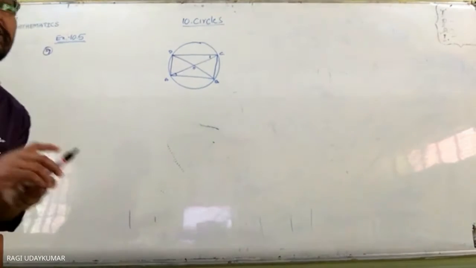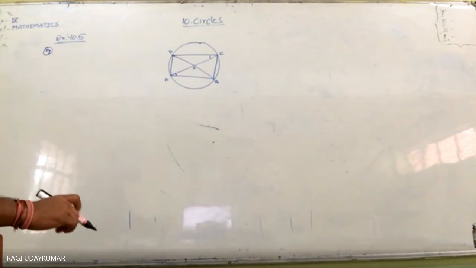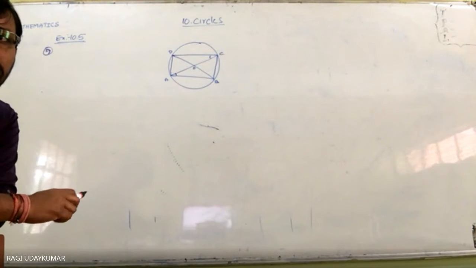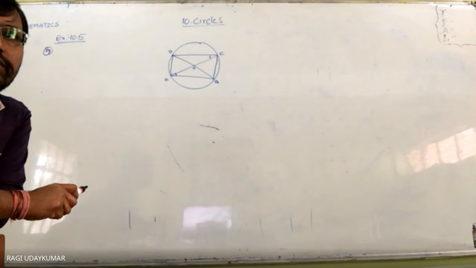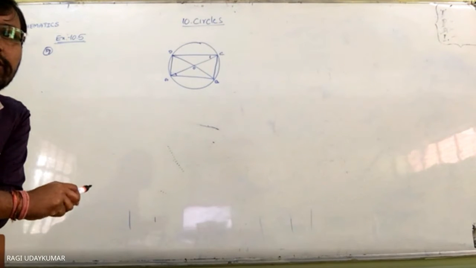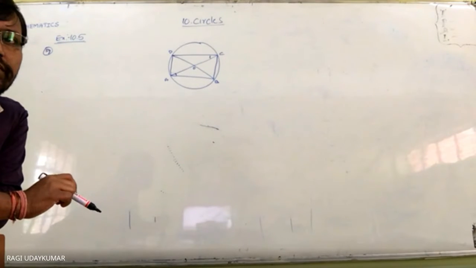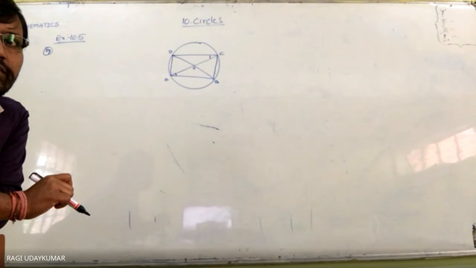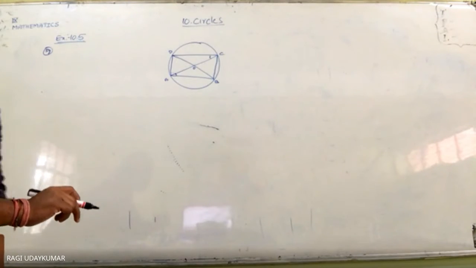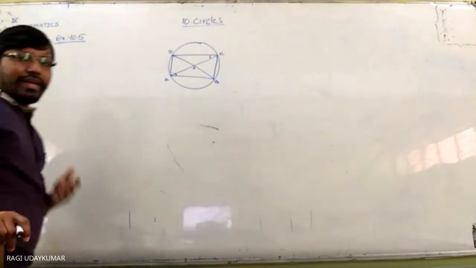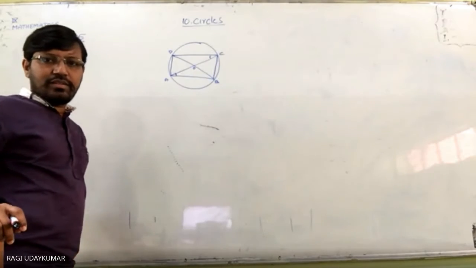Which two triangles to be taken into consideration to prove congruency here? Just think. Not getting idea. No one.